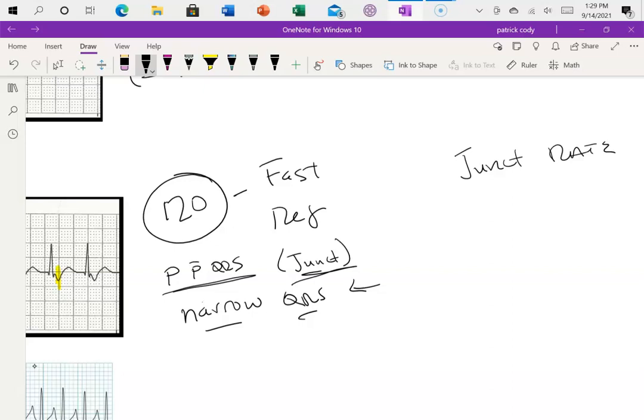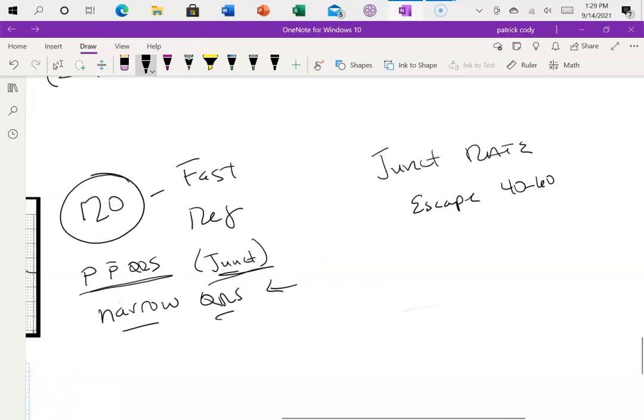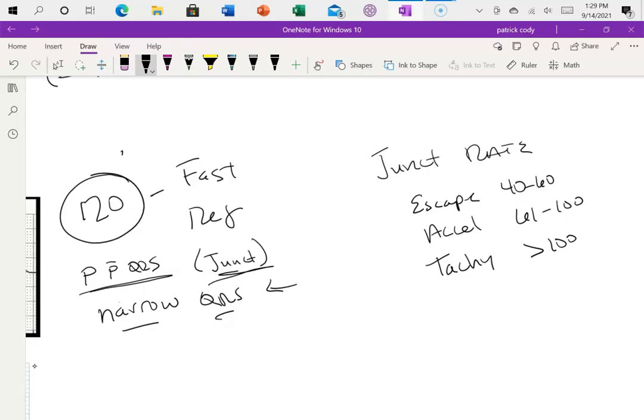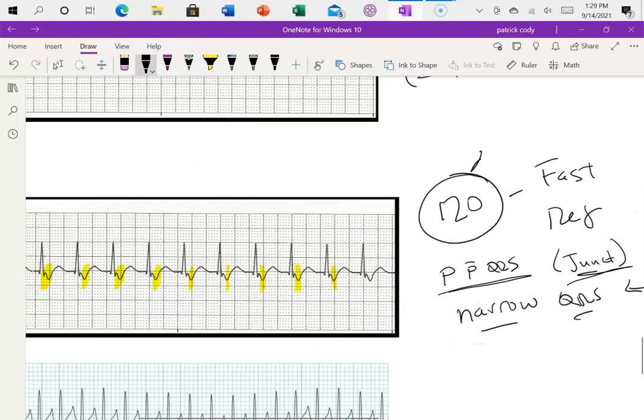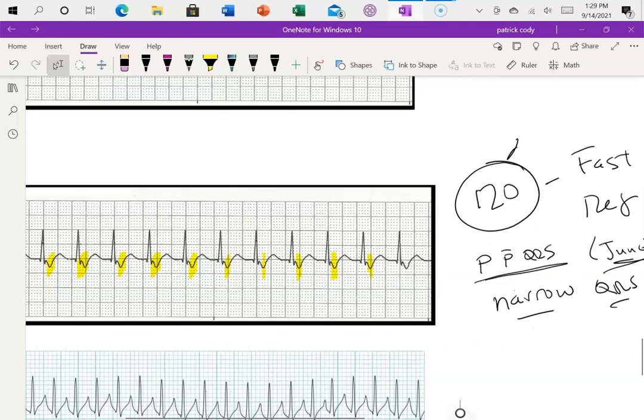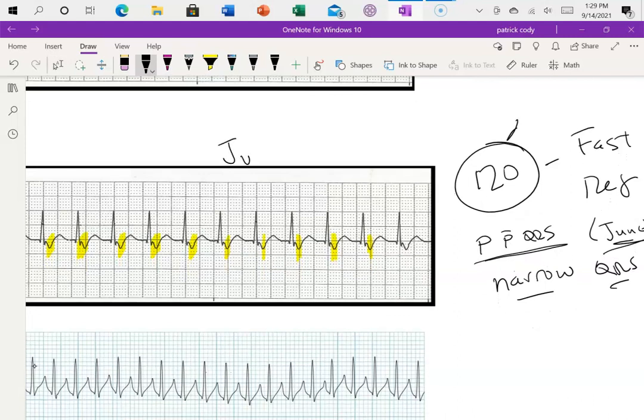You can have escape, which means it's the intrinsic rate 40 to 60. You can have accelerated, which means it's 61 to 100. And then you can have tachy, which is greater than 100. So this is going to be tachy. So this is going to be junctional tachycardia.